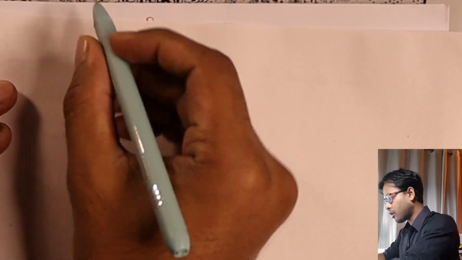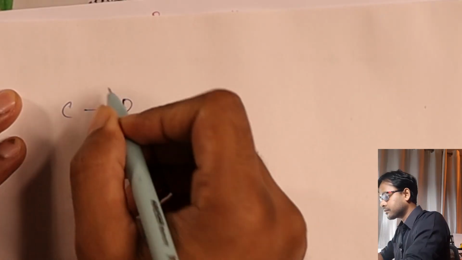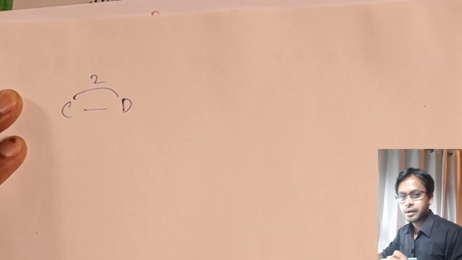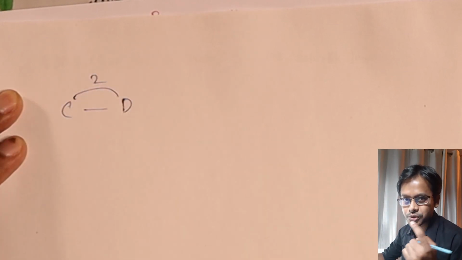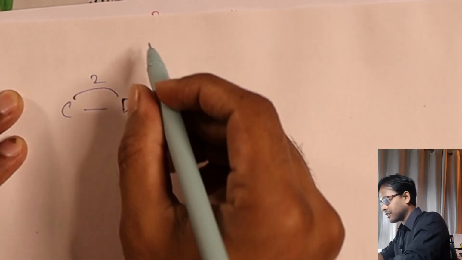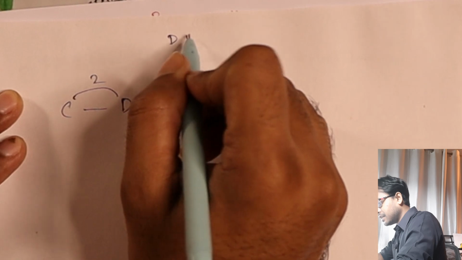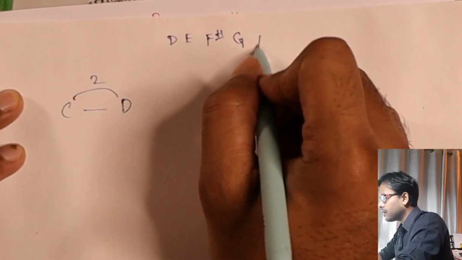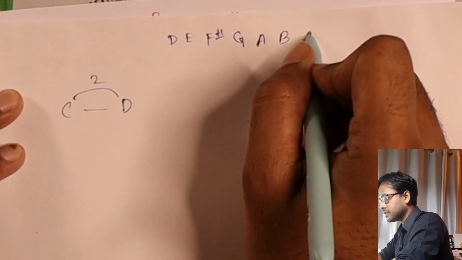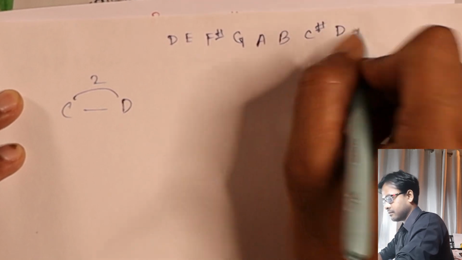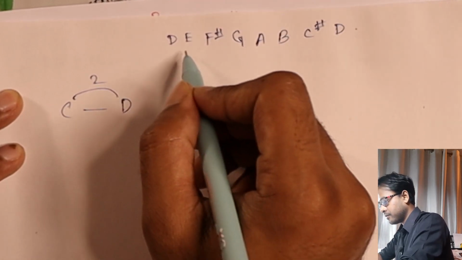So let's learn it. When we are going from C to D, it's 2, right? But if we are going from D to C, let's write the D major scale: D, E, F sharp, G, A, B, C sharp and D, right?